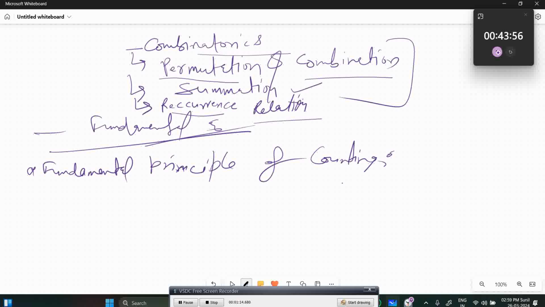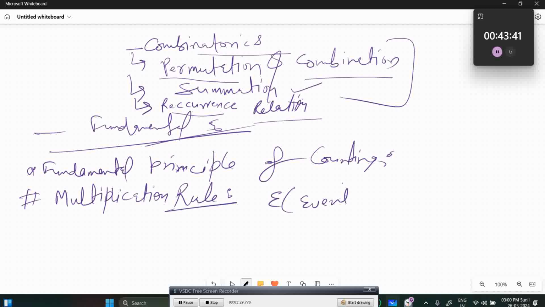Number one is the multiplication rule. Like E for event, then E1, E2, E3, and so on up to Ex.